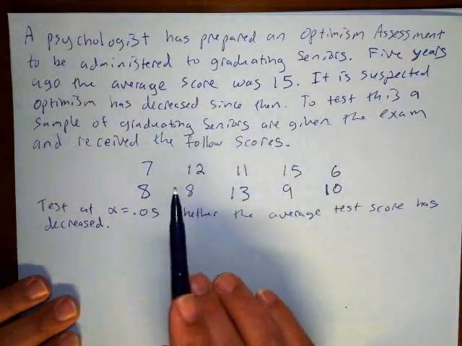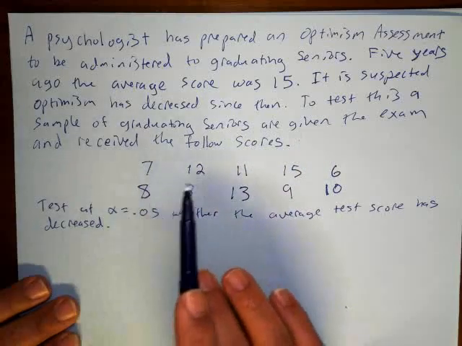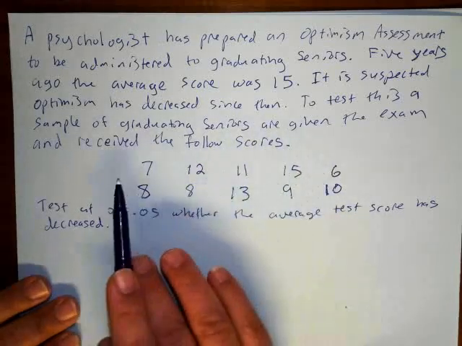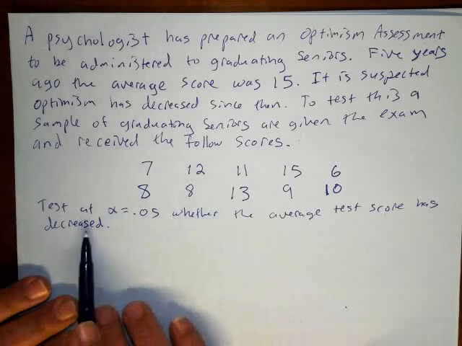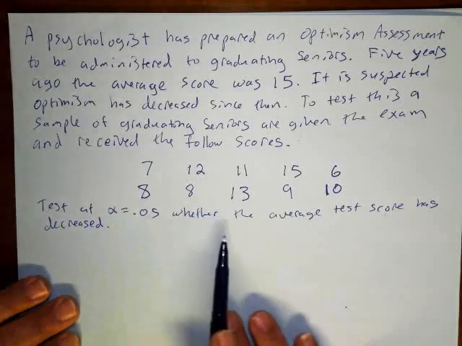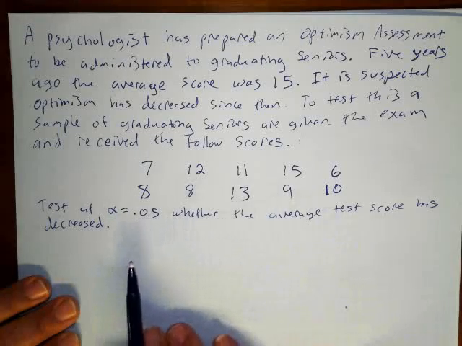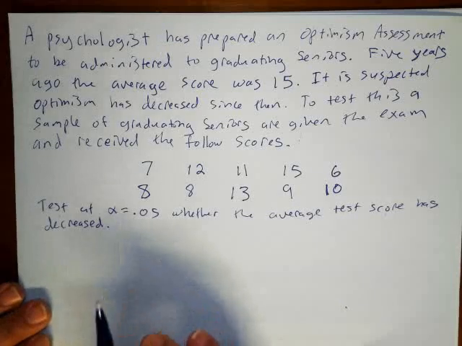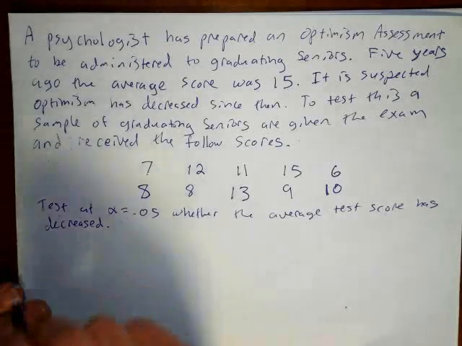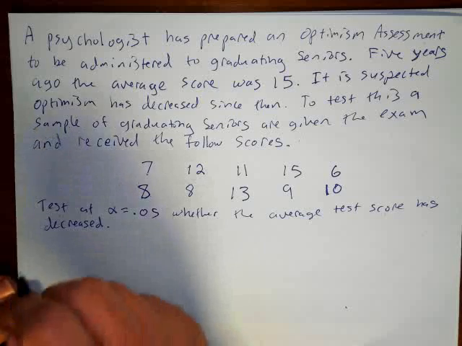To test this, a sample of graduating seniors are given the exam and they receive the following scores. We want to test at alpha equals 0.05 whether the average test score has decreased. To do this, I have to first find the mean and standard deviation.